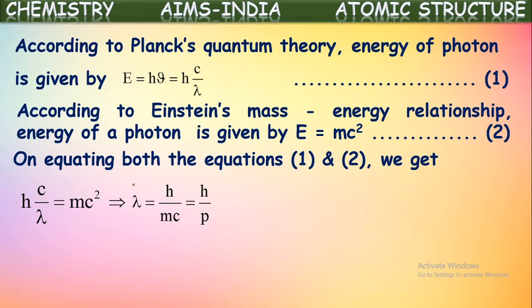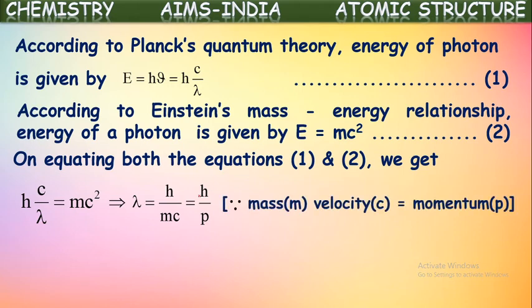So it becomes lambda is equal to h by mc, or lambda is equal to h by p, because mass into velocity is equal to momentum. We know the product of mass and velocity is momentum. So in the place of mc, we can write momentum p. This is called De Broglie's wavelength equation: lambda is equal to h by mc, or lambda is equal to h by p.